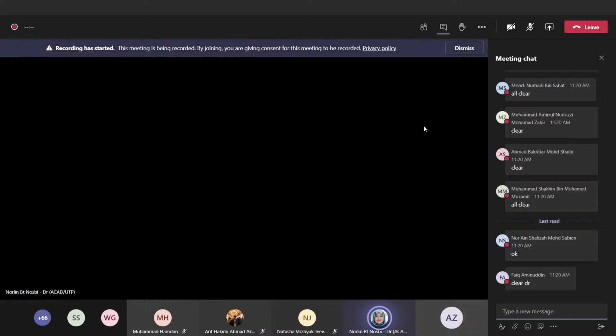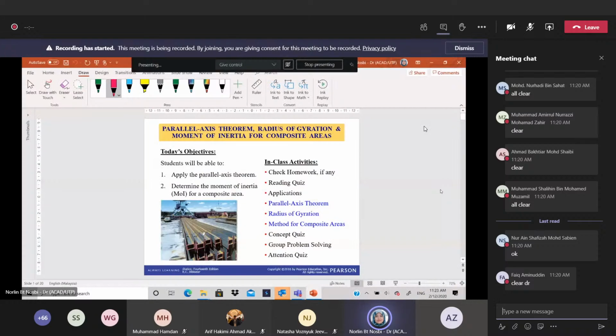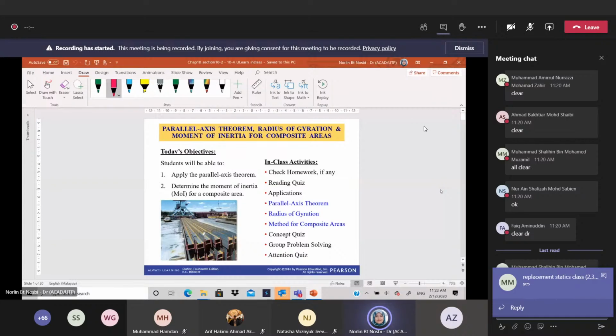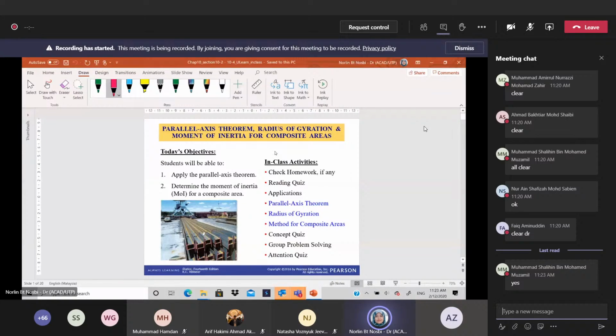Can you all see the screen, the slide? Good. The second subtopic is still the moment of inertia, but the structure is a composite. Last time I showed you a single shape. So how about when there is more than one shape?